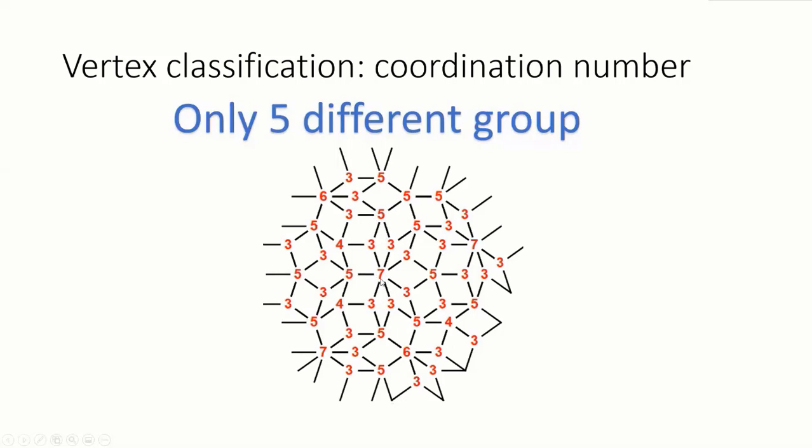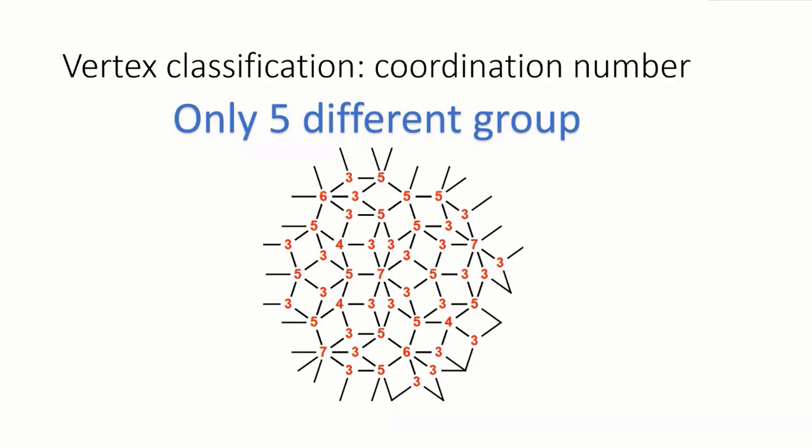For example, here we have a vertex with coordination number 7. You can count 1, 2, 3, 4, 5, 6, and 7. Therefore, we can label each vertex in the Penrose lattice with 5 different numbers ranging from 3 to 7, so until now we can classify vertices into 5 groups.